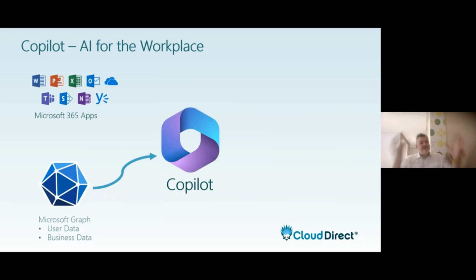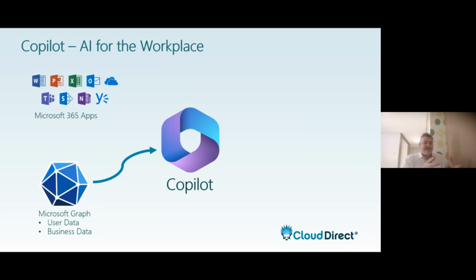So having understood that Microsoft Graph has access to your user data and your business data, it feeds that into the engine that is Copilot. And one of the little known components is that Copilot supports an ecosystem of plugins. This allows for some extremely powerful capabilities to come into play.